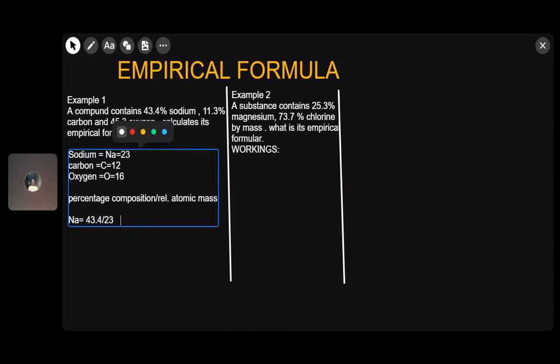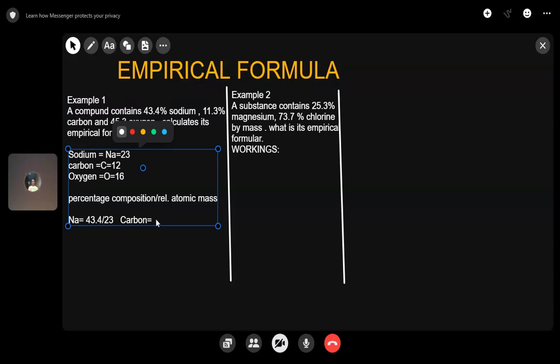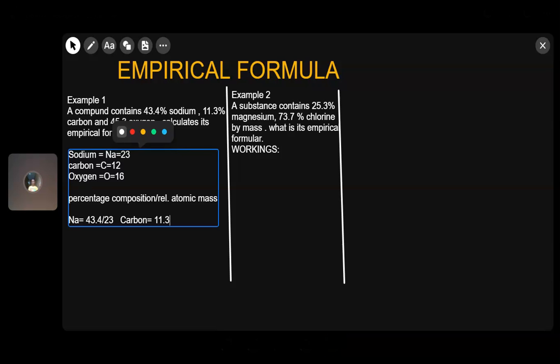For carbon, the percentage composition is 11.3, all over the relative atomic mass, which is 12.